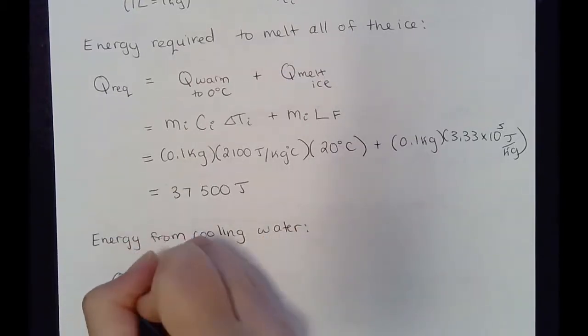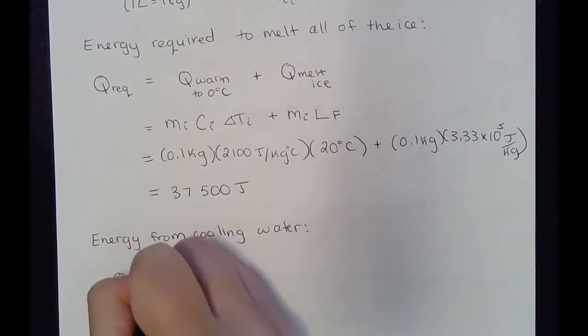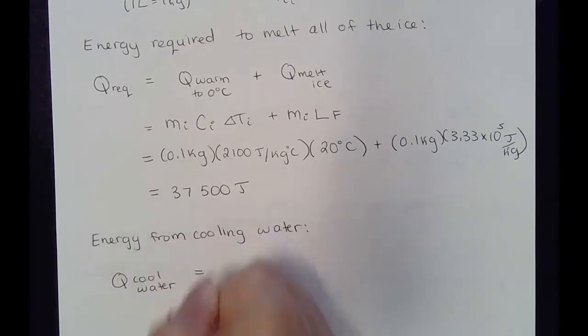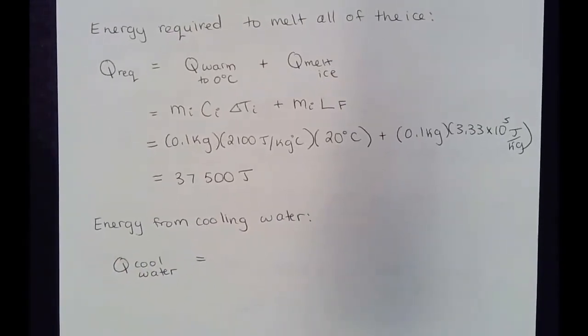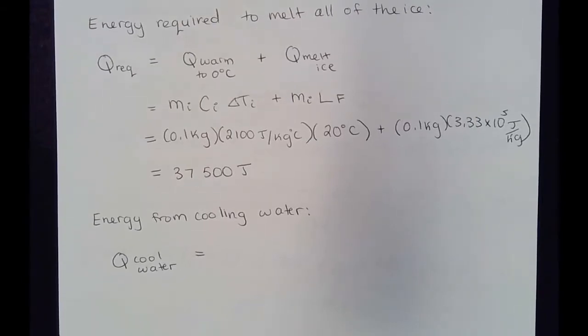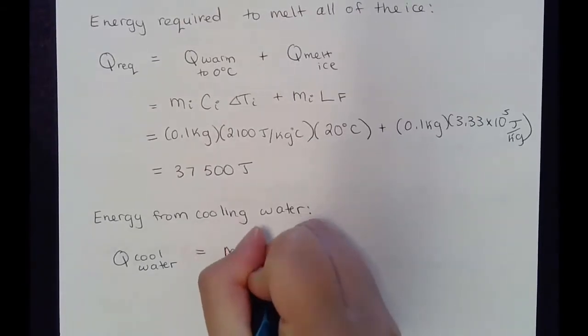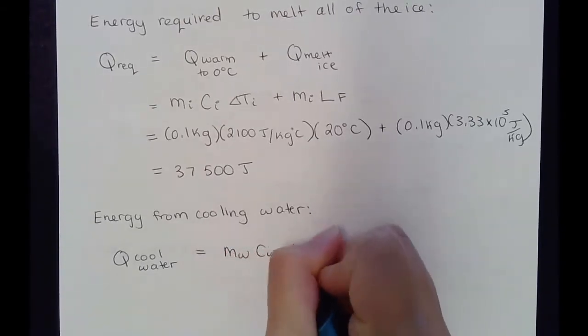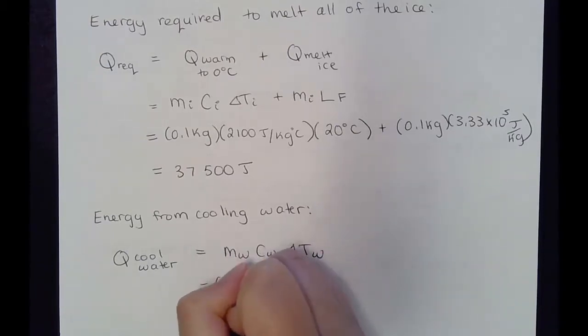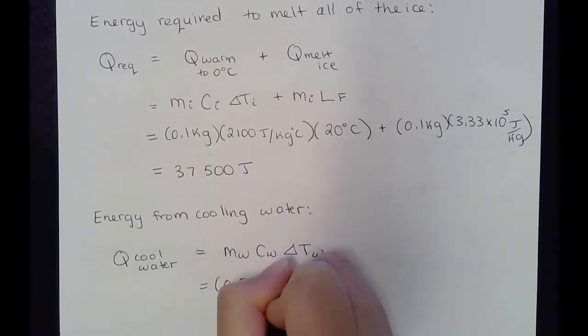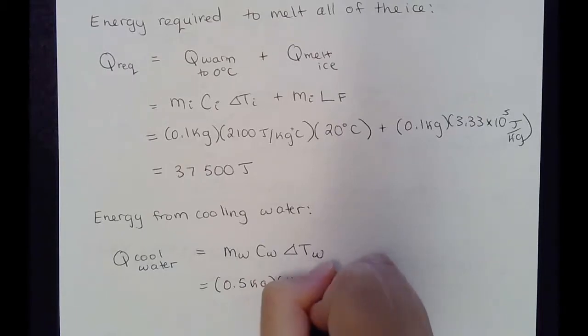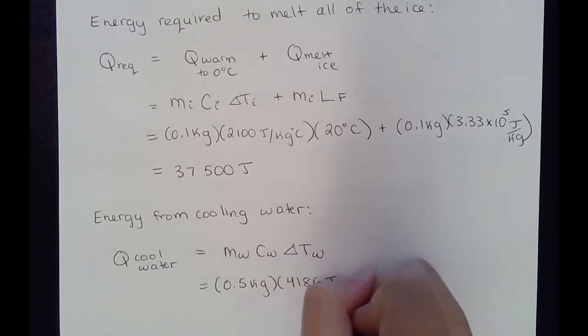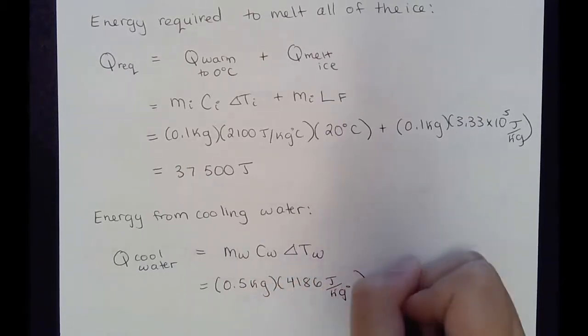So this will be Q cool water, or Q available if you want. There's only one term because we're just going to cool the water, no phase changes. So that will be M water, C water, delta T water. 0.5 kilograms times 4,186 joules per kilogram degree Celsius.